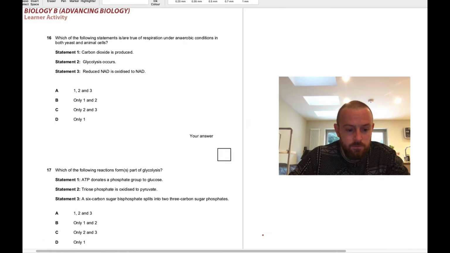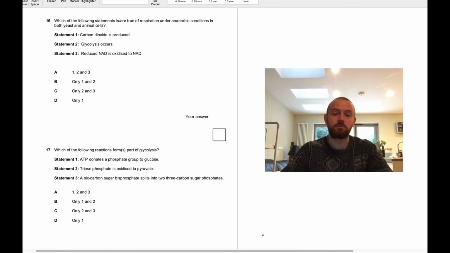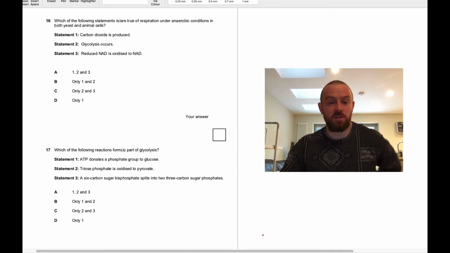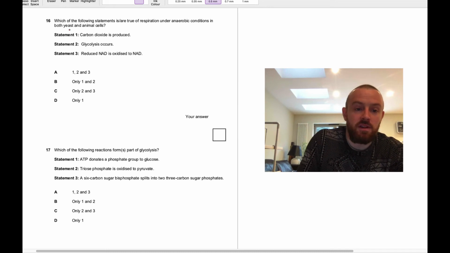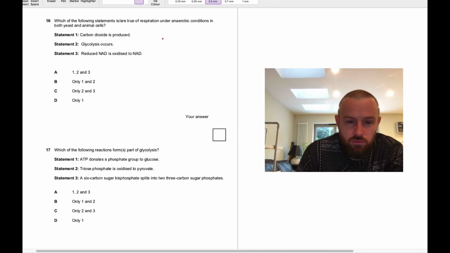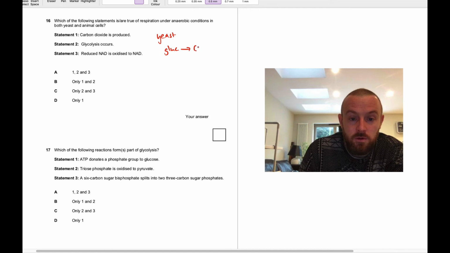Zooming out a little. Let's do 16 and 17. Which of the following statements is or are true of respiration under anaerobic conditions in both yeast and animal cells? You might want to quickly remember: yeast is basically glucose goes to CO2 plus ethanol, and animals is glucose goes to lactic acid.